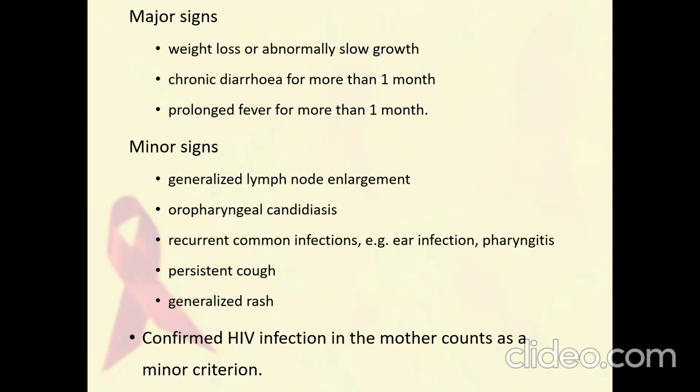Minor signs include generalized lymph node enlargement, oropharyngeal candidiasis, recurrent common infections, for example, ear infection, pharyngitis, persistent cough, generalized rash. Confirmed HIV infection in mother counts as a minor criteria.